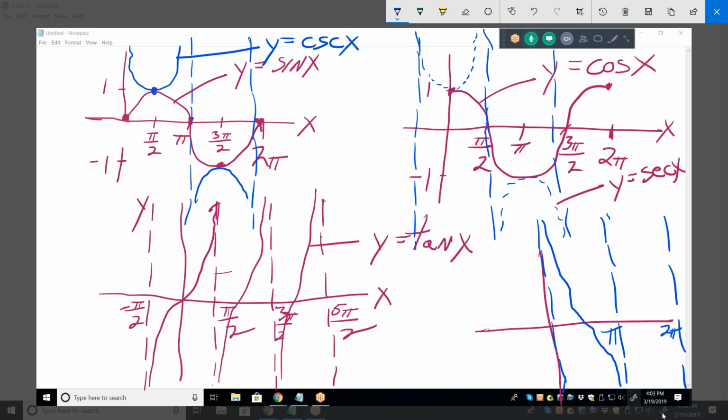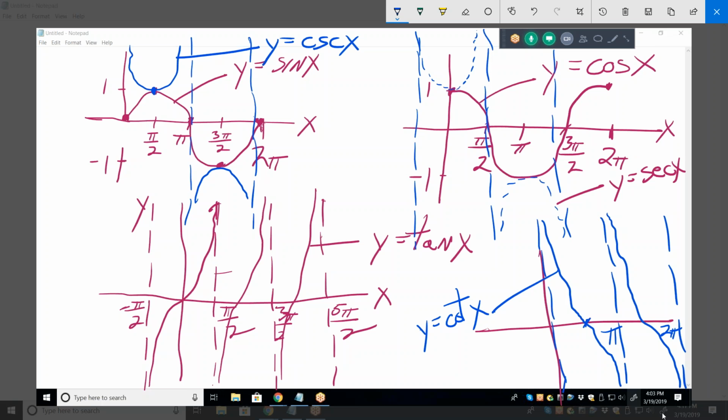But the cotangent curve is always declining like that. And notice where the cotangent is 0, that's pi over 2, that's where the tangent's going to have a vertical asymptote. So this is y equal cotangent of x. So there's your 6 graphs.